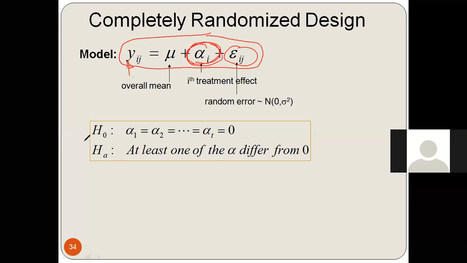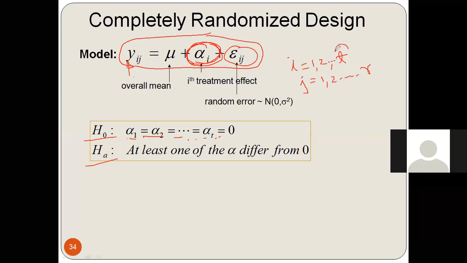So we can write down our null and alternative hypothesis. Our null hypothesis, for any number of treatments, simply we say alpha 1 equal to alpha 2 equal to alpha 3 and so on, alpha t, for t number of treatments. Here i starts from 1, 2 and goes up to t, and j starts from 1, 2 and goes up to r.